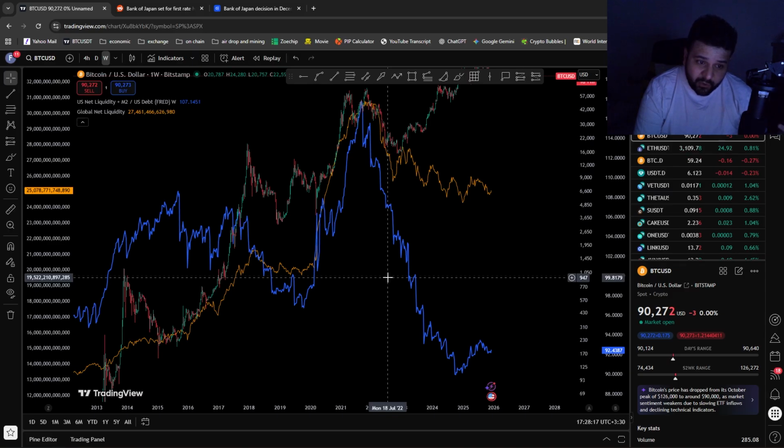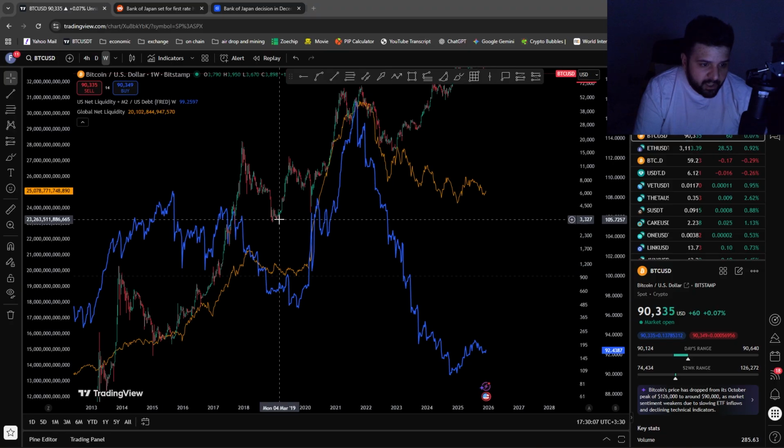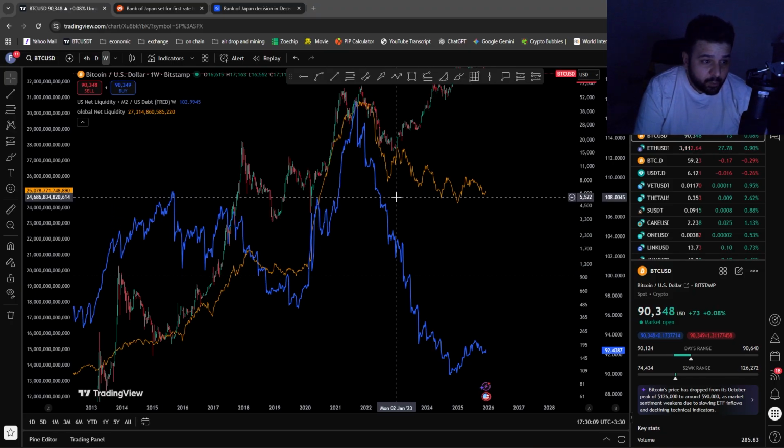As this ratio continues to decline, the remaining liquidity in the market gravitates toward safer, low-risk assets, leaving little capital available to flow into the risk markets.